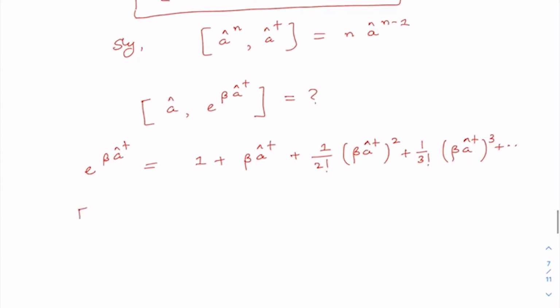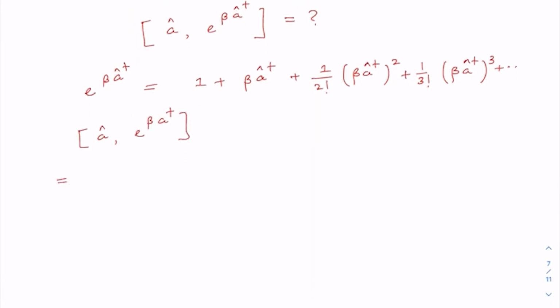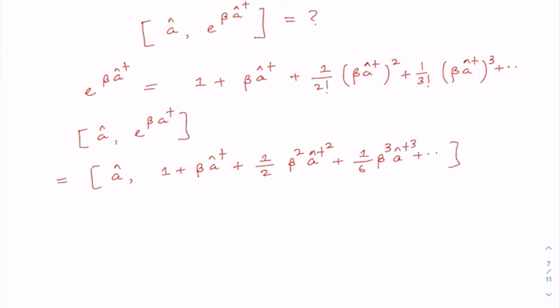Therefore the commutator [a, e^(βa†)] we can write as [a, 1 plus βa† plus a half β²a†² plus 1 by 6 β³a†³, and so on].